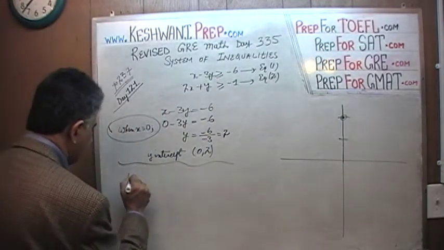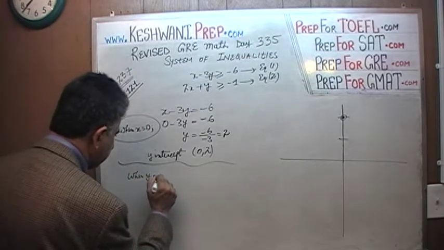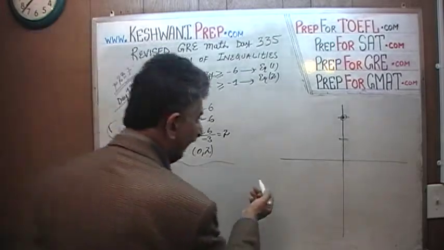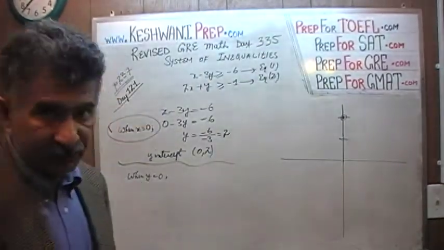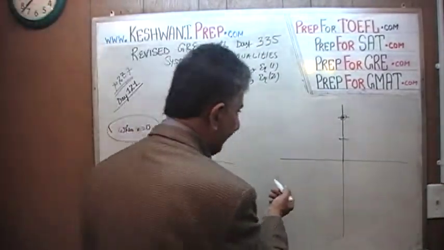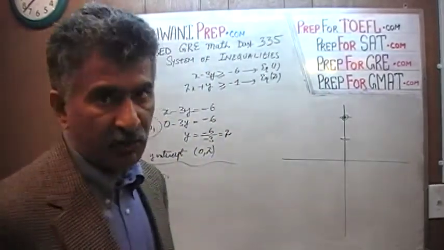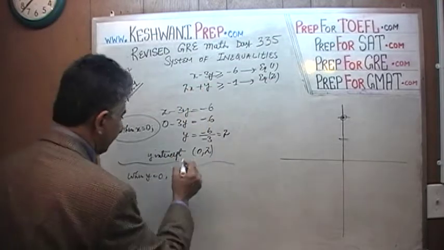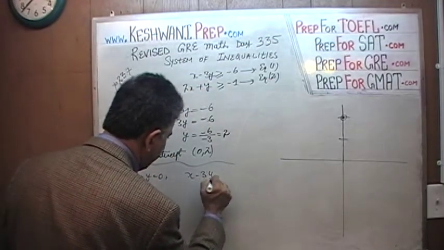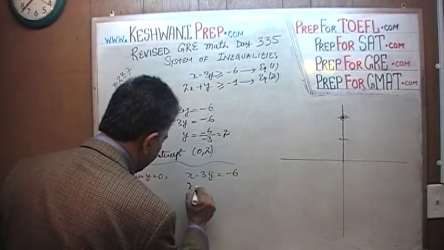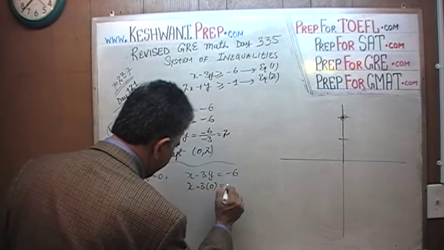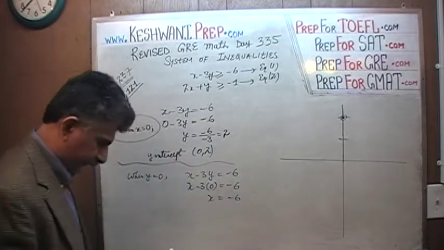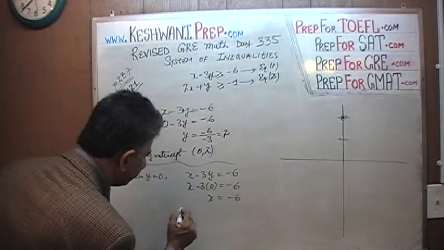The x-intercept is where the line cuts the x-axis, which is why it's called the x-intercept, and when the line cuts the x-axis, that's where the y-coordinate is going to be 0. So we plug in 0 in x minus 3y equals negative 6, which means y is equal to 0, this drops out, and x equals negative 6.